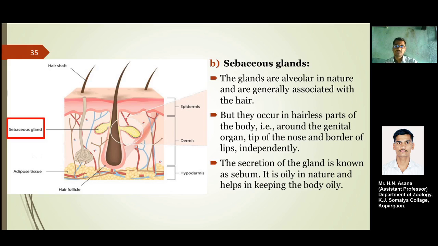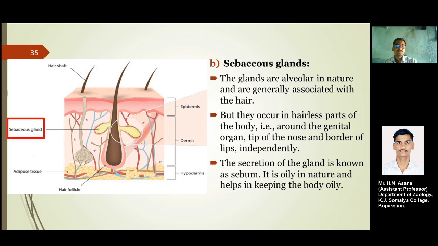But they also occur in the hairless parts of the body, that is around the genital organs, the tip of the nose, and the border of the lips, and they have an independent origin. But in the rest of the body, the skin, they are found with the hair shafts.